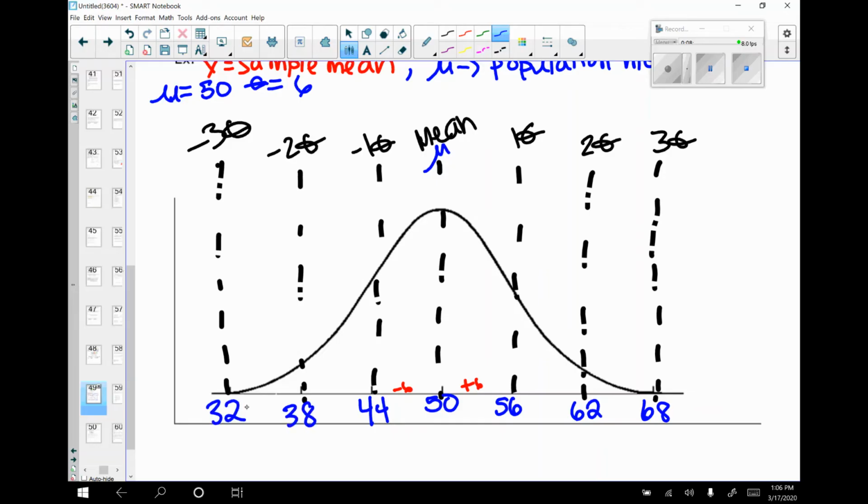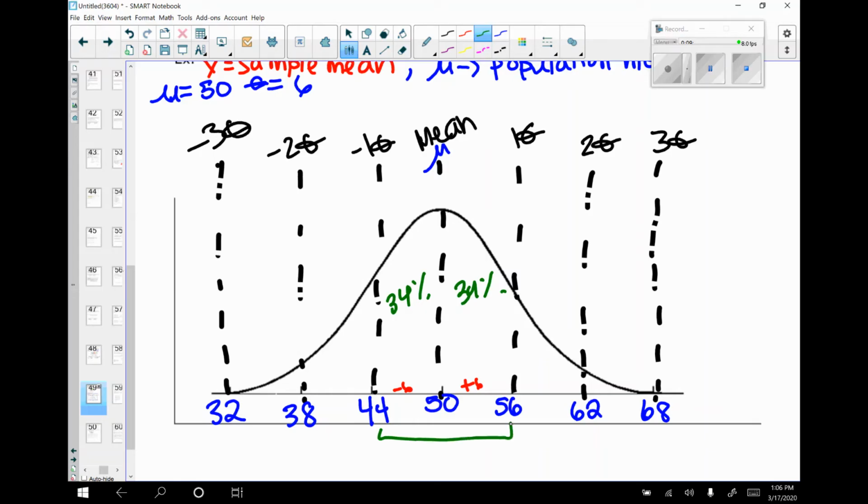Okay, and what does this tell us? Why do we set this up? Well, this tells us that most of our data is at this 50 mark, depending upon what we're talking about. And eventually we're going to be asked questions like, where does 68% of your data fall? Well, 68% of my data, this is 34, this is 34. So 68% of my data is between 44 and 56.